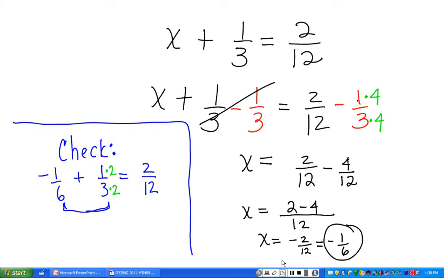So now we have negative 1/6 plus 2/6, which is negative 1 plus 2 is 1/6, and of course 2 over 12 is also 1/6. Therefore, we know that our answer is correct.